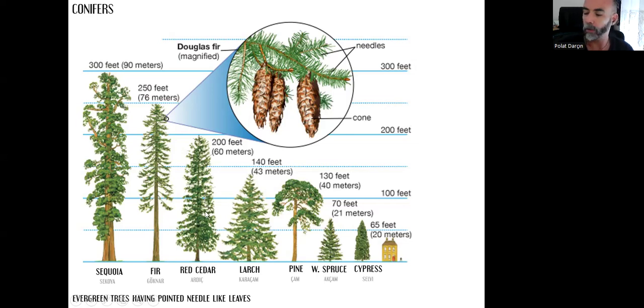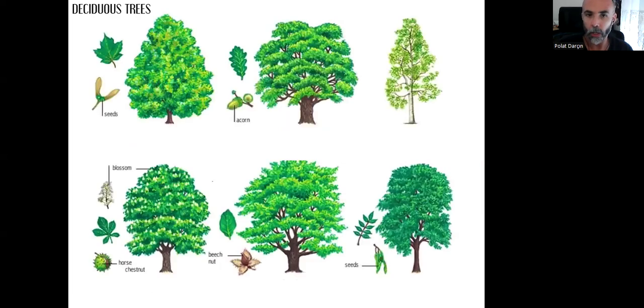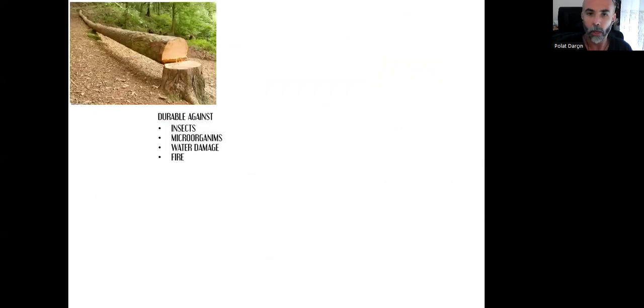These are the most known famous ones, and they are mostly resinous. They have this special type of sap, and it's sticky. In Turkish, we call it reçineli ağaç. And the other group, the deciduous trees, have different types again, like maple, oak, birch, horse chestnut, beech, and ash tree. These are some other common types.